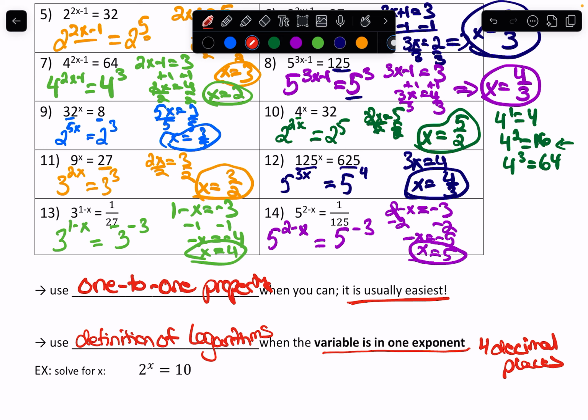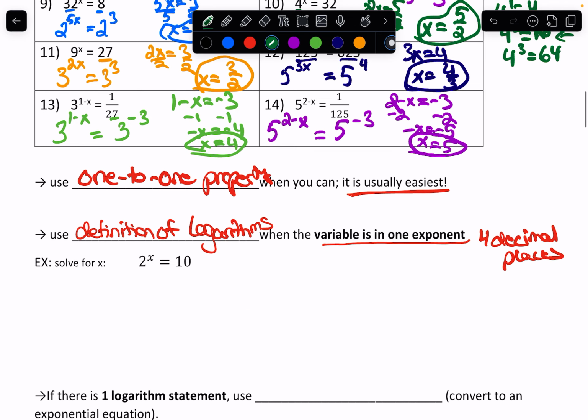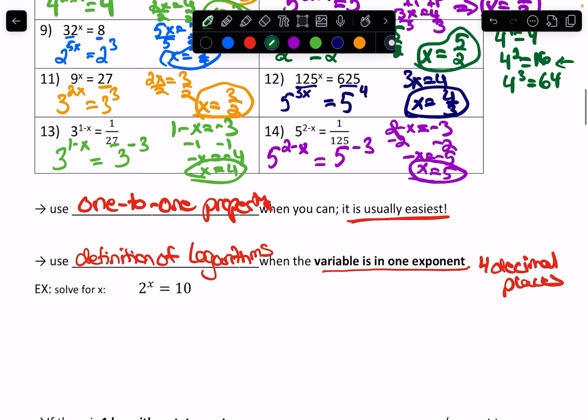Okay, so example, solve for x: 2 to the power of x equals 10. So right now, looking at this, the variable is in one exponent. It's right here. So what do we need to do? Definition of log. So we're going to go ahead and write this as a log. Log base 2 of 10 equals x.